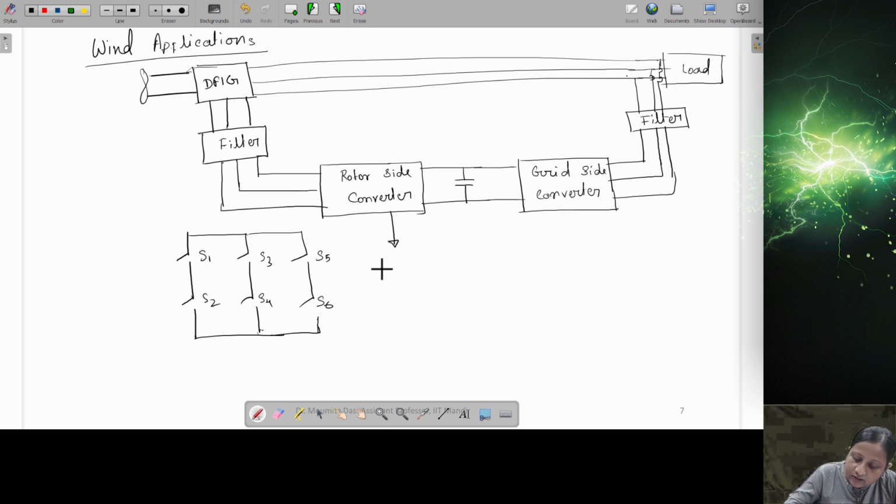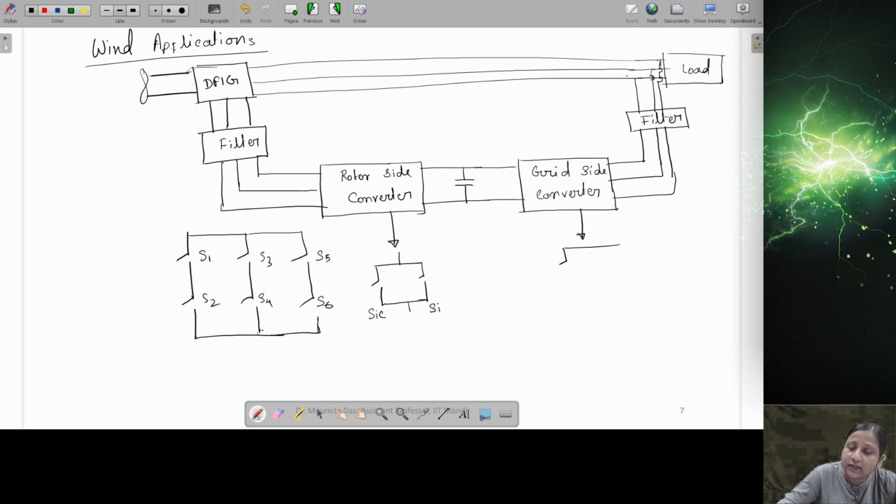It is actually a combination of silicon carbide with silicon, again the MOSFET and IGBT combination. This is silicon carbide and this is silicon. The grid side converter has a similar kind of configuration, but it is a three-leg inverter.